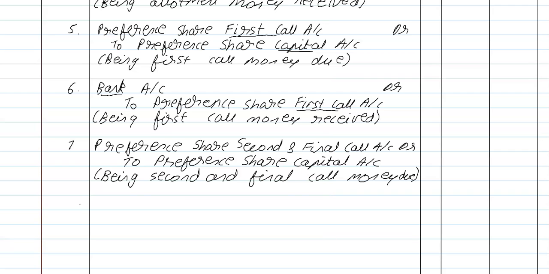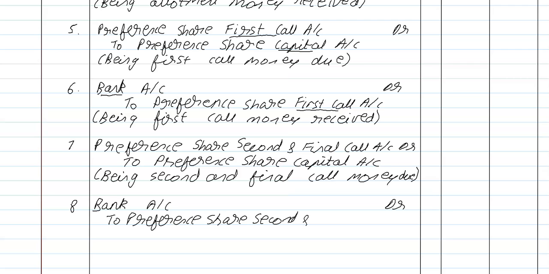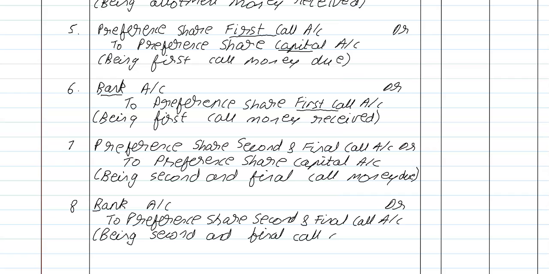And finally we receive the money. So our journal entry is going to be bank account debit to preference share second and final call account, being second and final call money received.